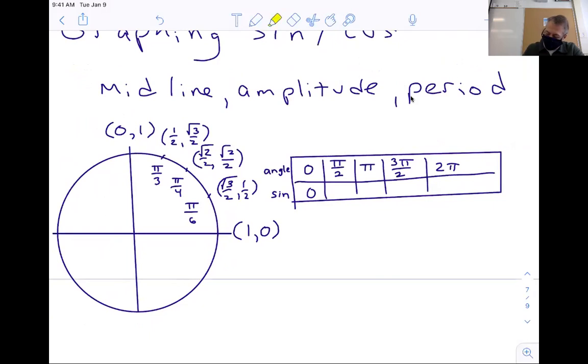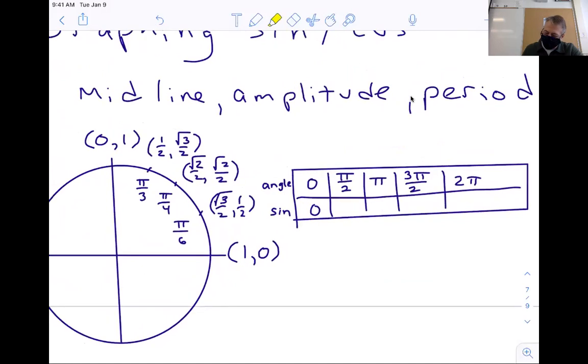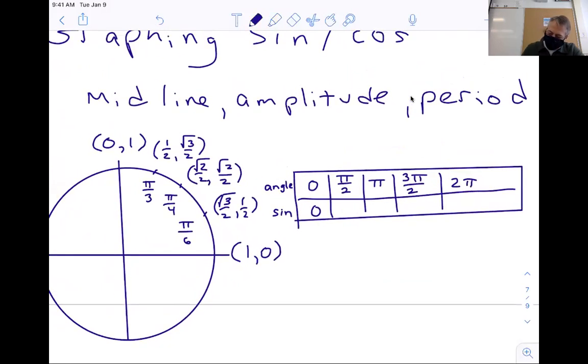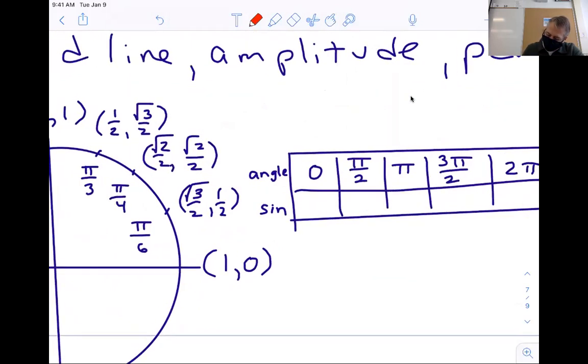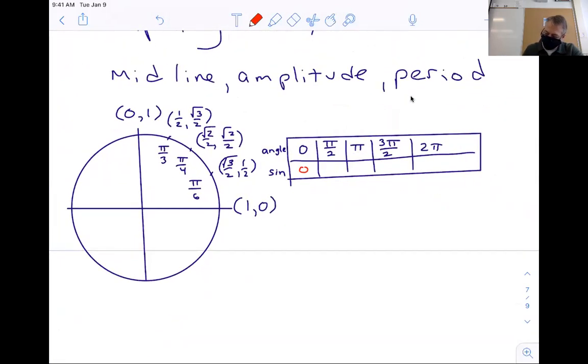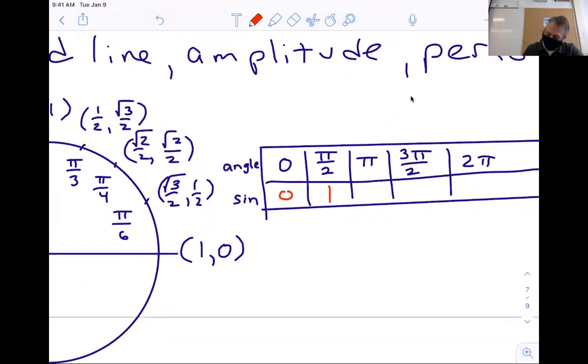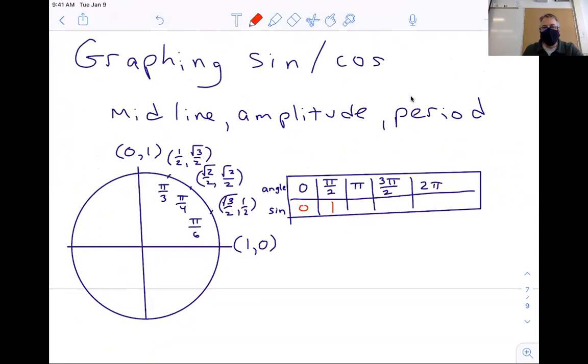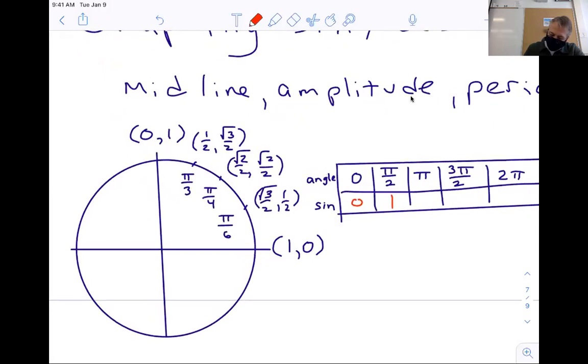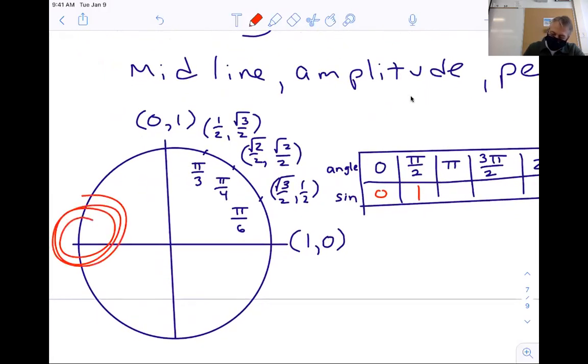I'm going to fill in this chart here, and I'm going to write that in red, that the sine of 0 is 0. The sine of pi over 2 would be 1, because it's the y value at pi over 2. The sine of pi, which would be right here, is going to be 0, because it's the y value.